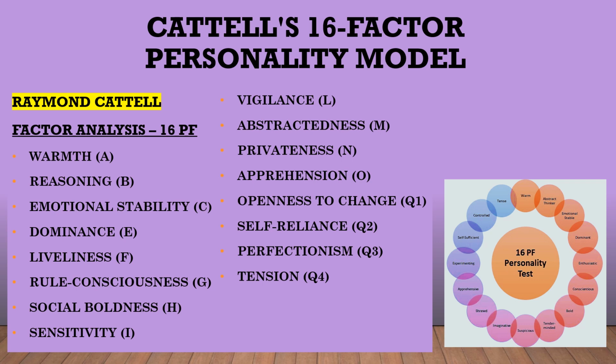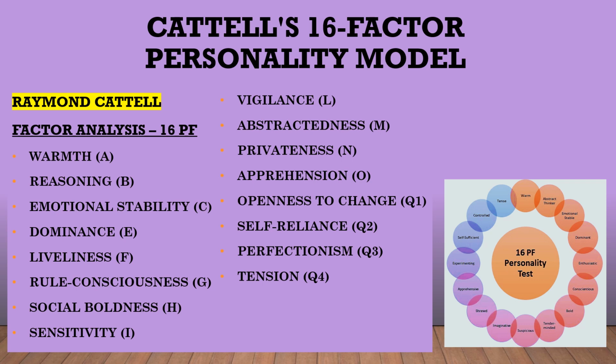Then Cattell rated a large sample of individuals for these 171 different traits. Using a statistical technique known as factor analysis, he identified closely related terms and eventually reduced his list to 16 key personality traits.